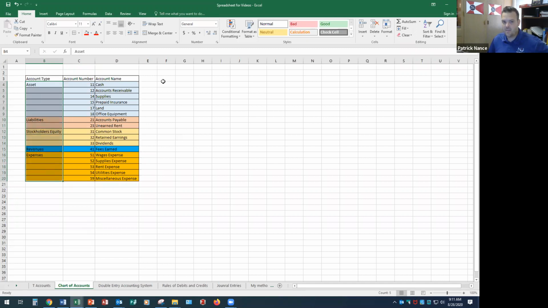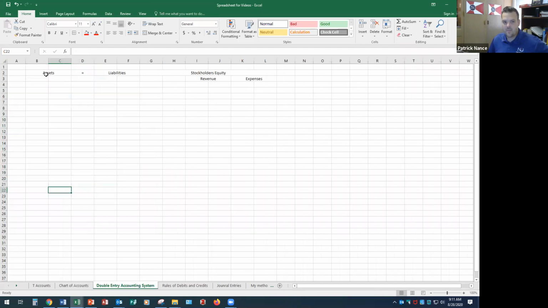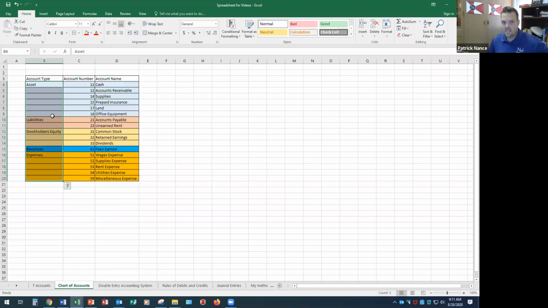If I put this sideways, like it was in the last chapter, it goes from left to right, the same order as the accounting equation. It starts with assets and liabilities, stockholders' equity, revenues, and expenses. We intentionally usually have some sort of codification system where all assets start, in this case, with a 1, all liabilities start with a 2, all stockholders' equity start with a 3, revenues all start with 4s, and expenses all start with 5s.